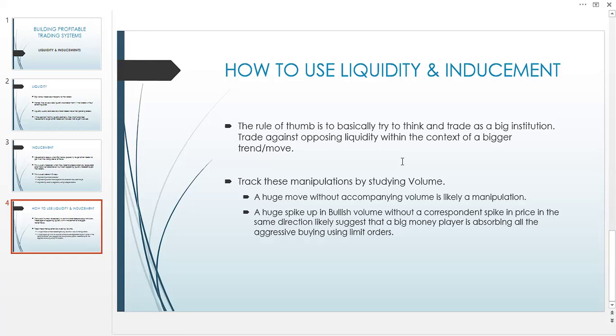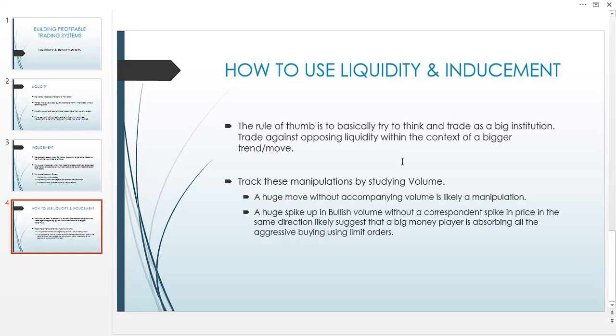Sometimes when they are using hedge orders, right? So when someone is trying to use the hedge method of manipulation, you will see this. The first huge spike in volume, you will see that price will follow it. But subsequently, you will see that someone is buying, but the price is not moving as much, right?